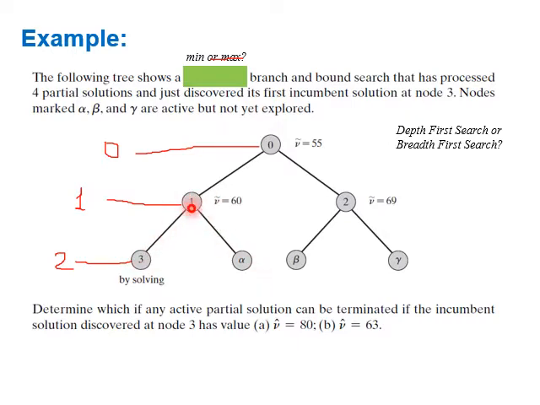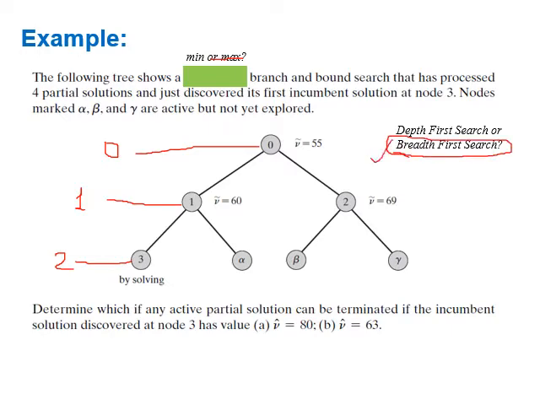Just after we evaluated this node, this node is open. And among these open nodes, we selected this one, not this one. So we considered the node at the upper level first. And since we considered a node at the upper level, this means we followed a breadth first search.